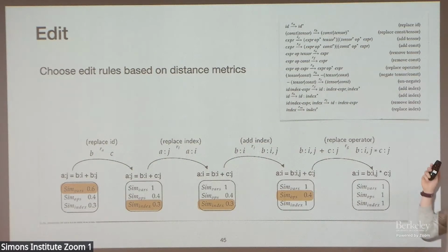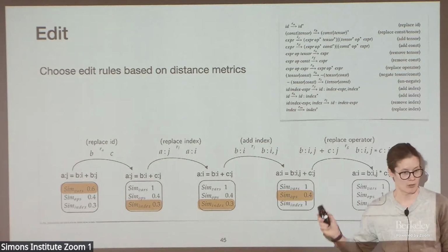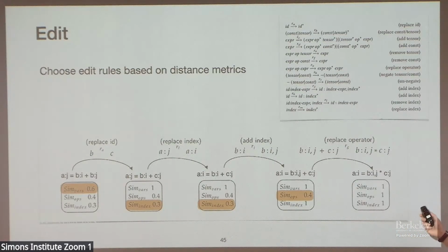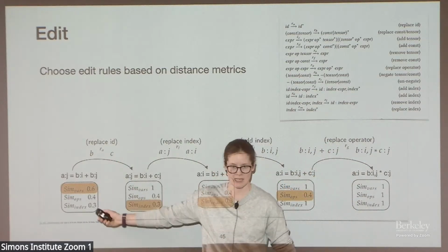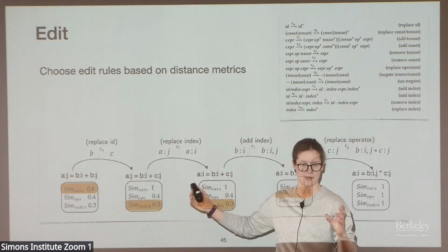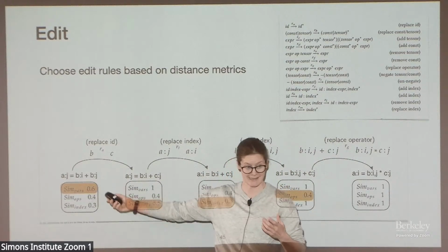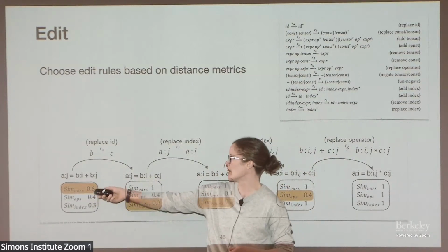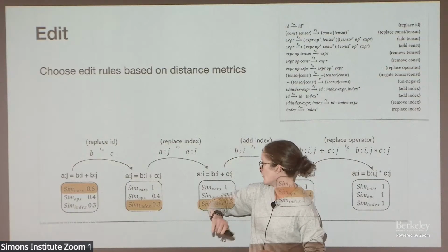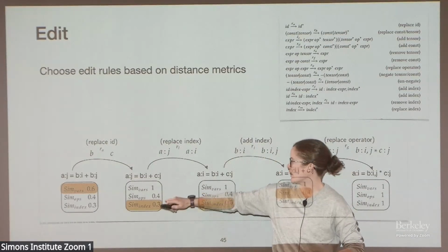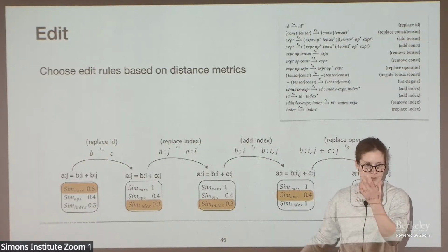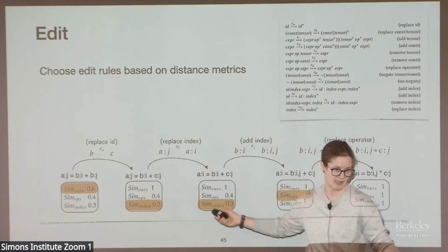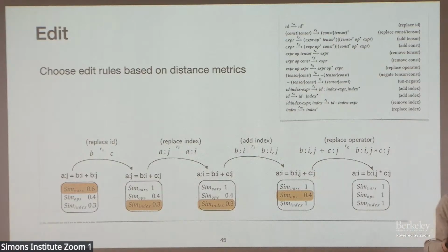We can, however, pick which mutations we should try, which edit rules we should use, based on our distance metrics. So in this instance, if the variable list scores badly on the similarity between variables, we will replace a variable name. Then we might say, okay, now the index distance metric is doing badly, so we replace the indices, and so on. So we've basically got a mapping.